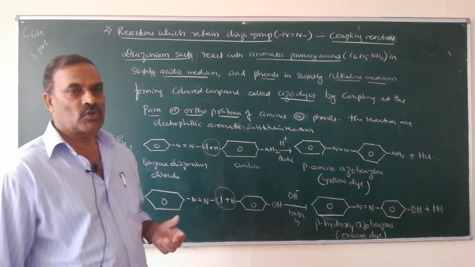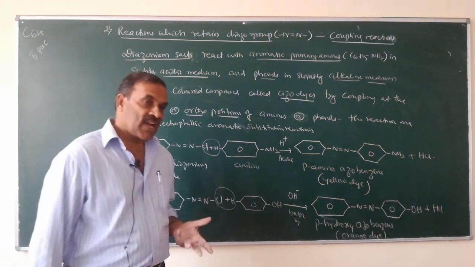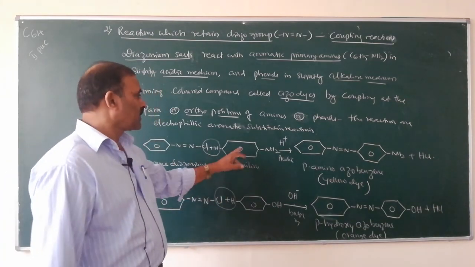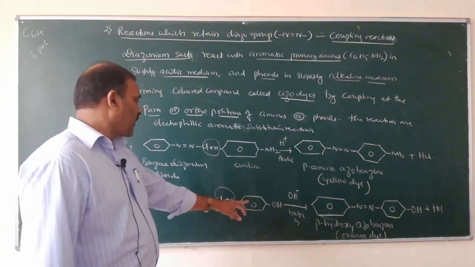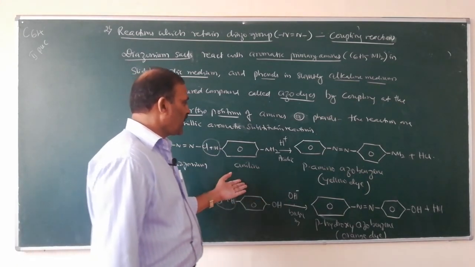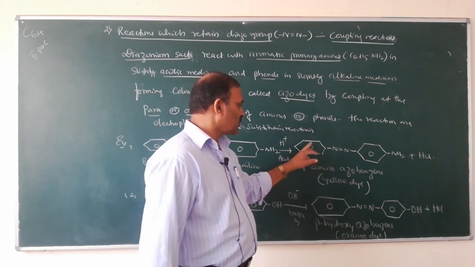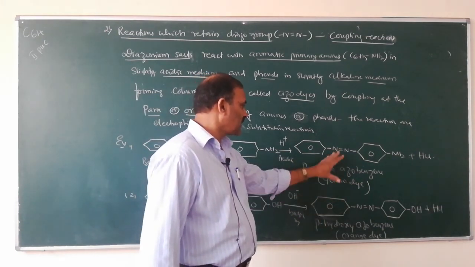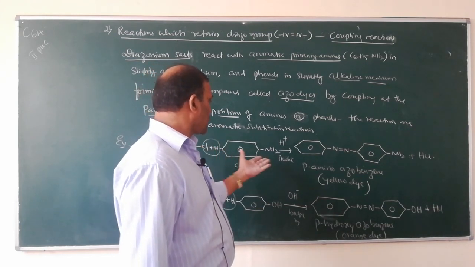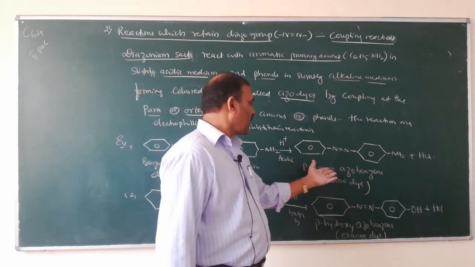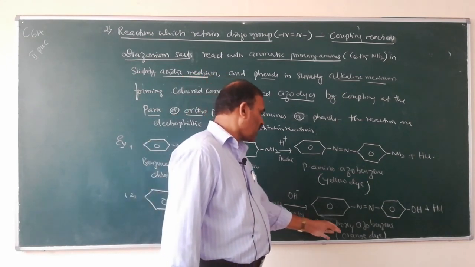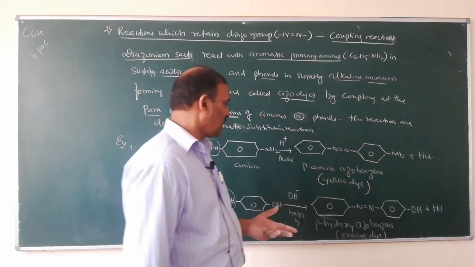When benzene diazonium chloride reacts with aniline in slightly acidic medium or phenol in slightly basic medium, it forms colored compounds called azo dyes. In the case of aniline, it forms para-aminoazobenzene; in the case of phenol, it forms para-hydroxyazobenzene.